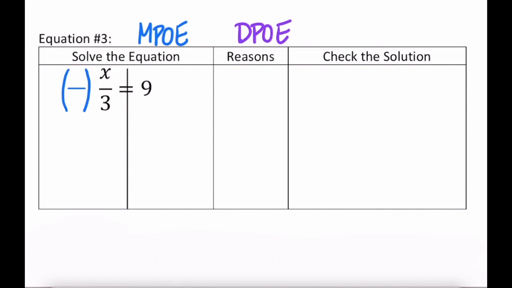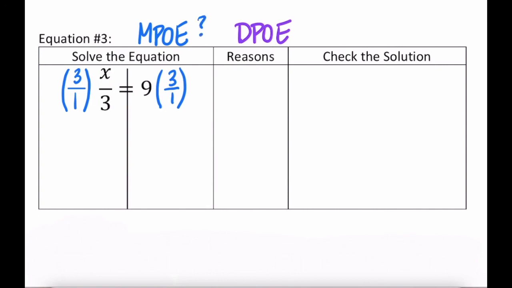So let's say, for example, I was going to multiply this by 3. That means I'm multiplying by 3 over 1, not 1 over 3. That would be multiplying by 1/3. So in the numerator, you have your multiplication. In the denominator, you have your division. Now again, on the other side, I'm multiplying by 3 over 1.